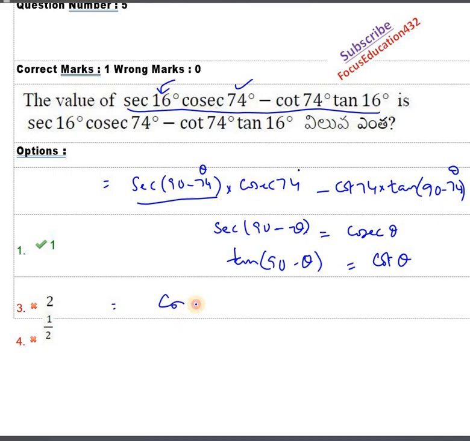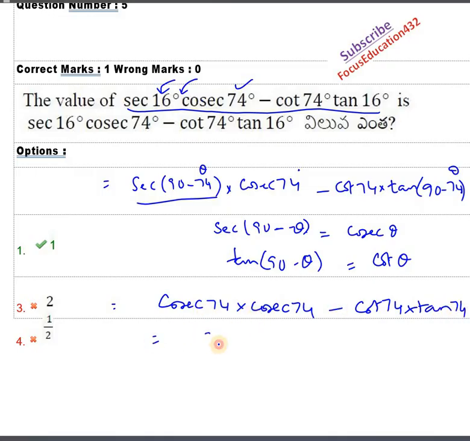So you write here cosec 74 multiplied by cosec 74. Here there is no indication of any operation, which means it is multiplication. Minus cot 74 multiplied by tan 74 gives cot 74.